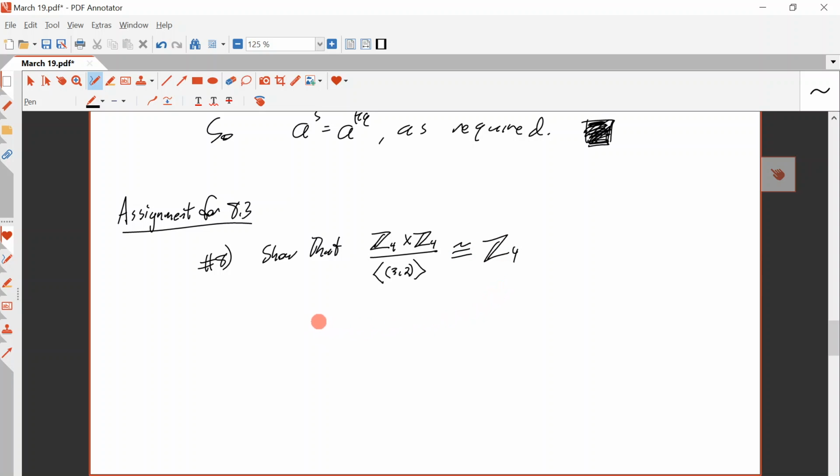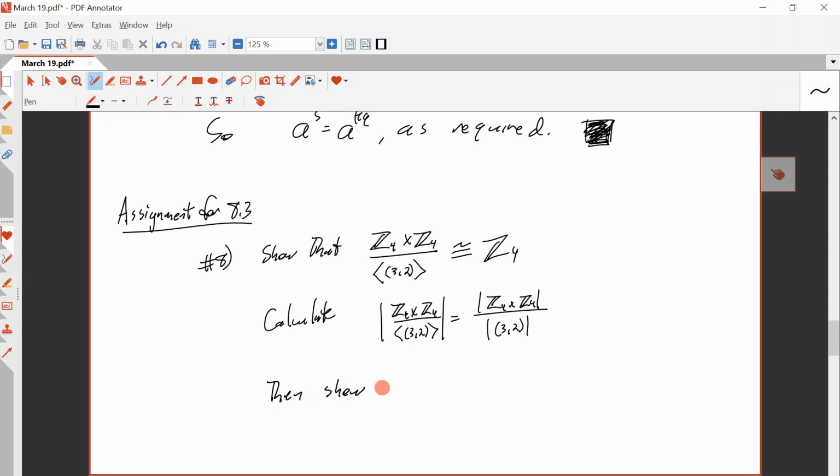So all you need to do is to calculate the order of Z4 cross Z4 over (3,2), which is equal to the order of Z4 cross Z4 divided by the order of the element (3,2), which is the order of the cyclic subgroup generated by that element. You want to calculate that, make sure it's 4, and then show that Z4 cross Z4 over that has an element of order 4.